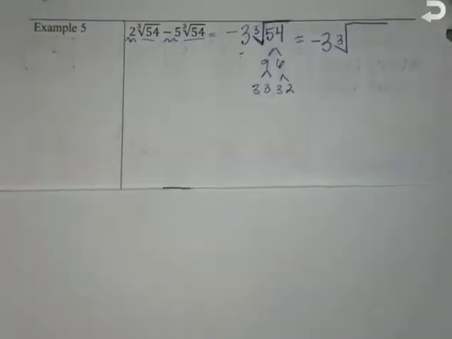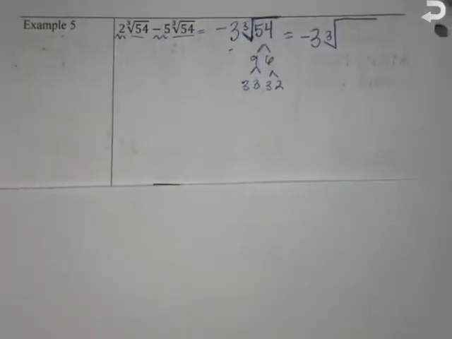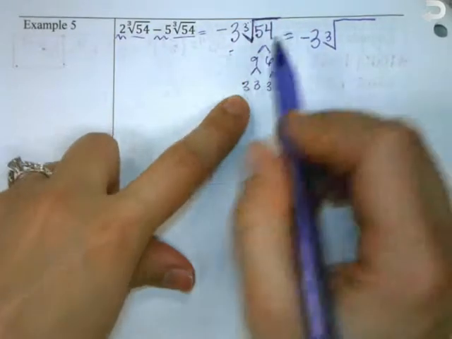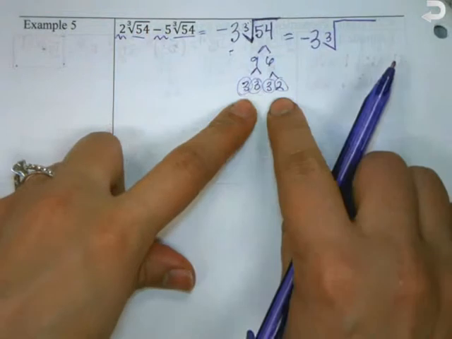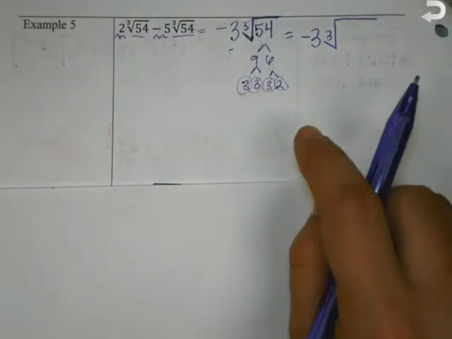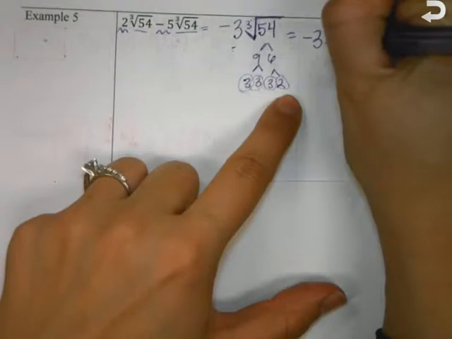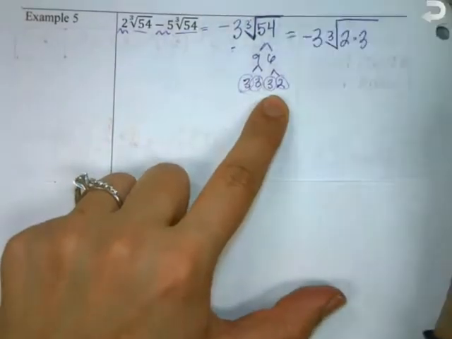This is called prime factorization, meaning that I take the number and break it down into as many prime numbers as I possibly can. So as small as you can break it down. And then we rewrite the number in terms of those primes. So this would be 2 times 3 to the third power. So 54 is the same as 2 times 3 to the third.